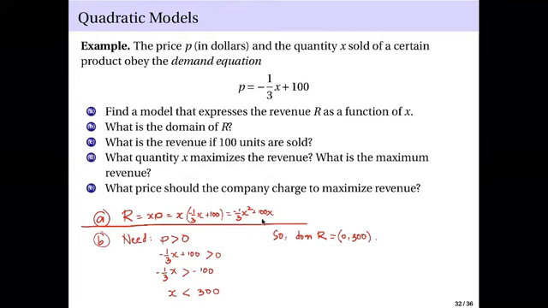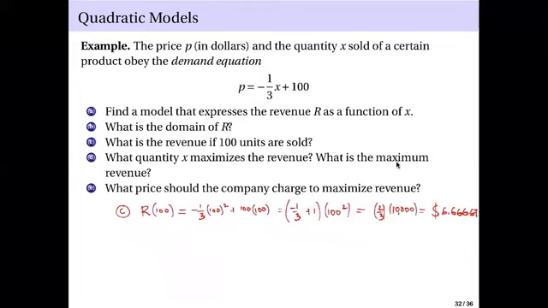So the graph of this function will be opening downwards, which means the graph has a highest point. So revenue has a maximum value. Okay? So the question is, what is that number of items? And then the other question is, what is that maximum value?